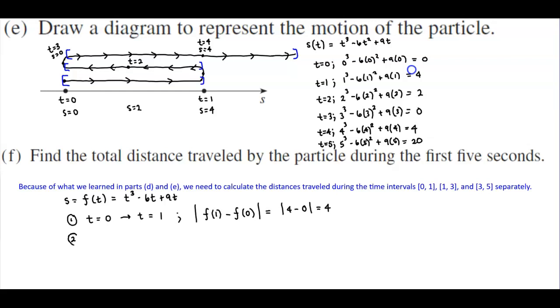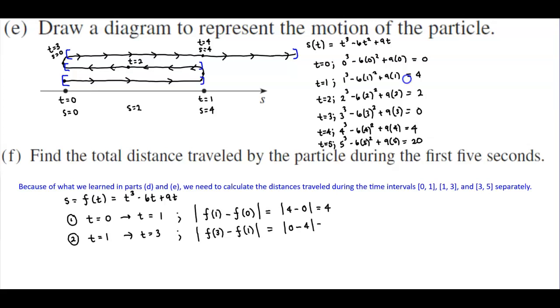Then we want to find the next distance, going from t equal to 1 to t equal to 3. So we want the absolute value of f of 3 minus f of 1. We know when we inputted 3, we got 0, minus when we put in 1, we got 4.